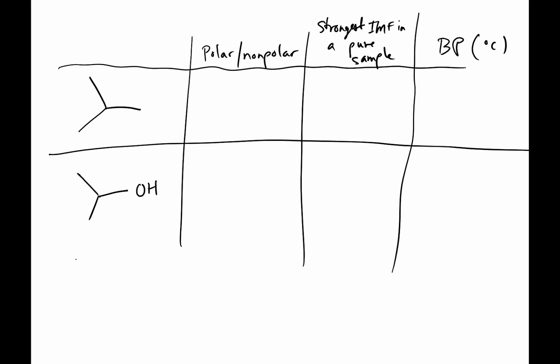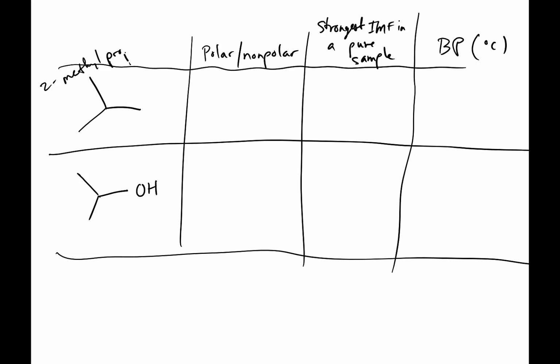So, you know, I suppose we could even name them as well, right? What would this one be? Good practice, right? This is 2-methylpropane. And this is, right, we just got through naming these, right? So 2-propanol or propan-2-ol.